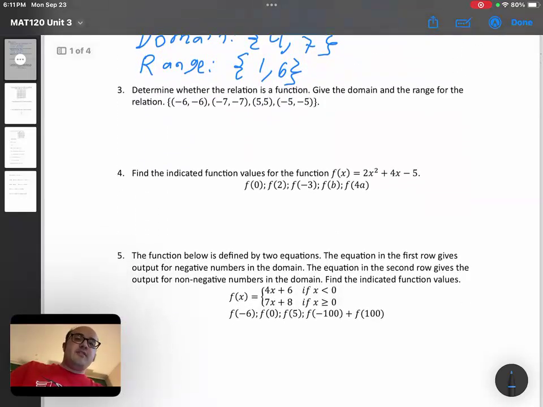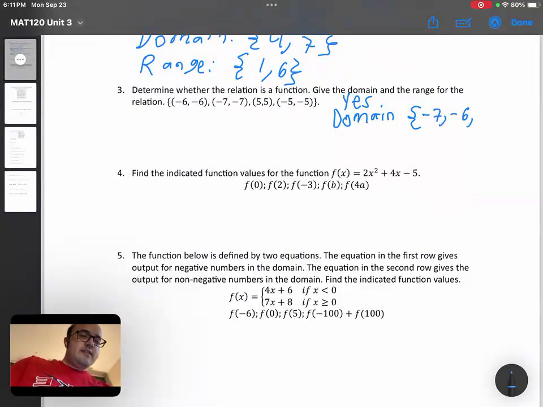For the third one, we want to determine whether the relation is a function, give the domain and range. All those x values go to different y values. Nothing's repeated, so yes, this is a function. The domain would be, let's see, -7, -6, -5, and 5.